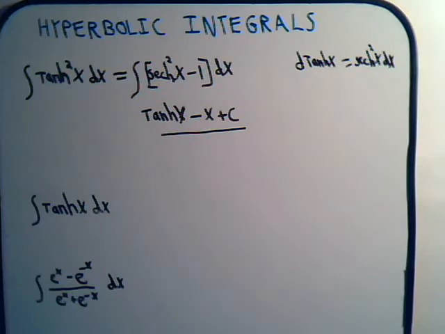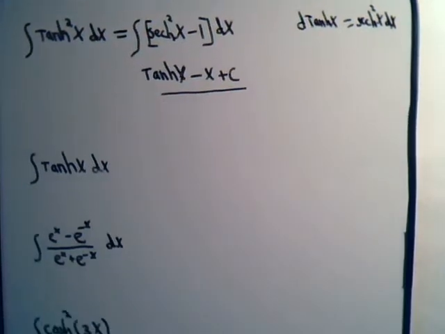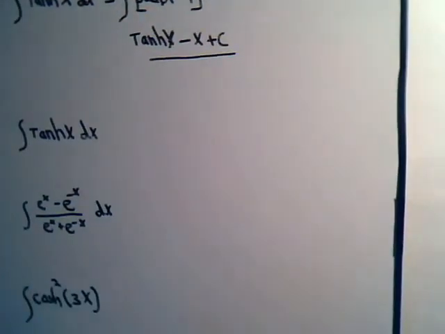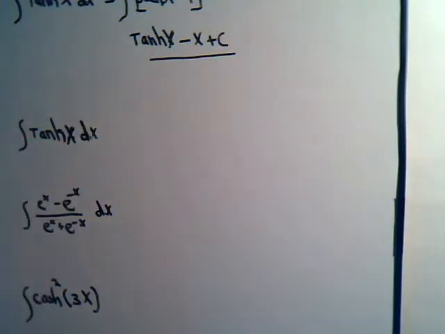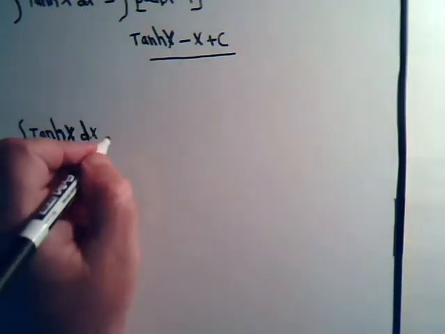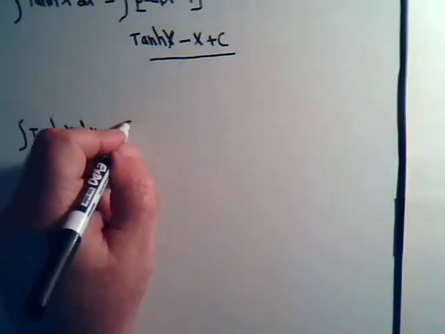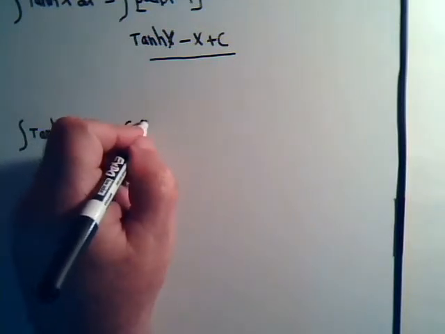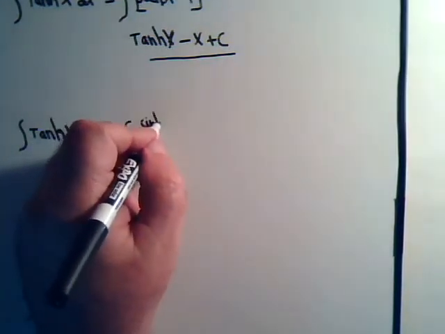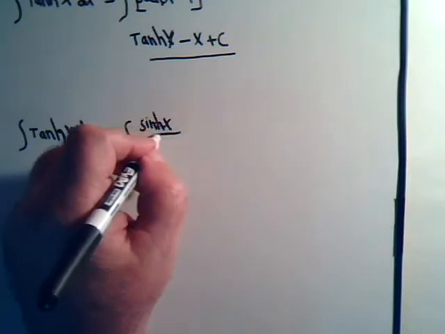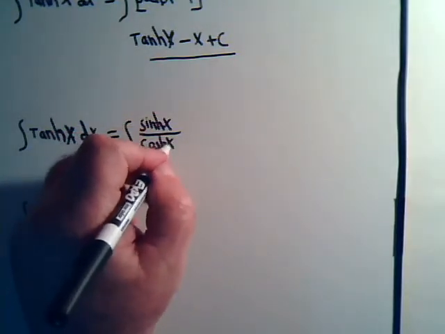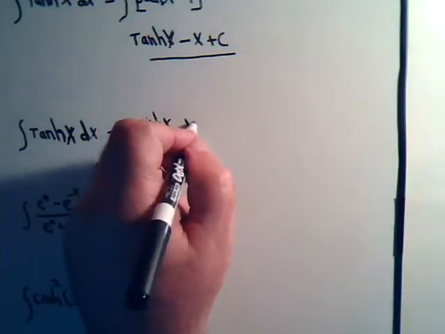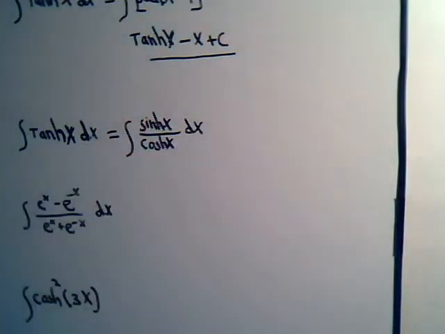This then would be the solution to that integral. Now, instead of having the hyperbolic tangent squared of x, suppose we had the hyperbolic tangent of x. Now, if we think of it in terms of its definition, that's the integral of the hyperbolic sine of x divided by the hyperbolic cosine of x dx.